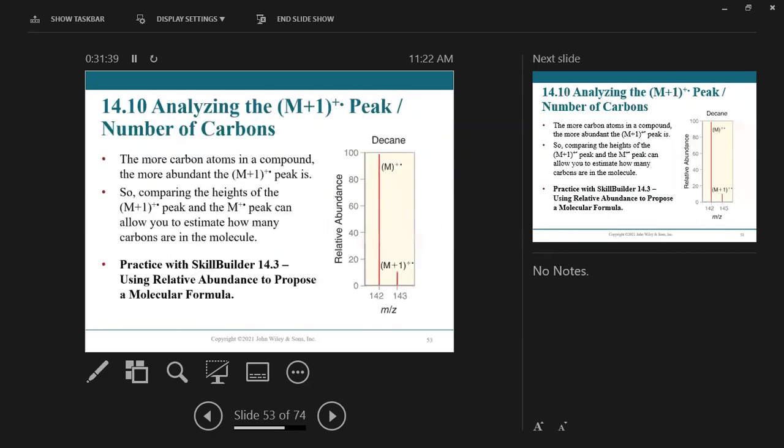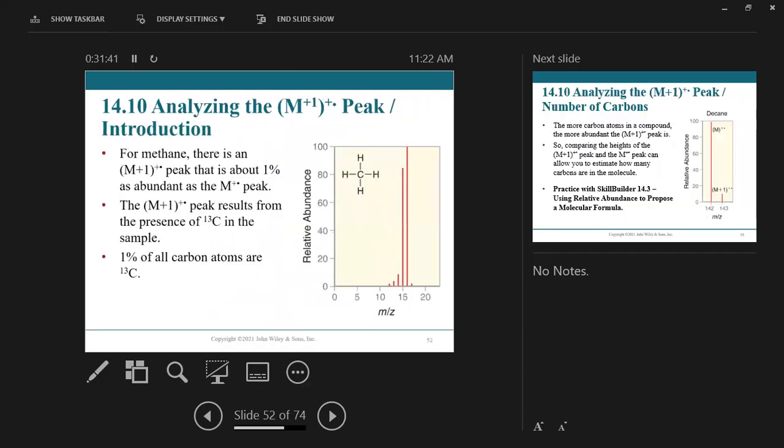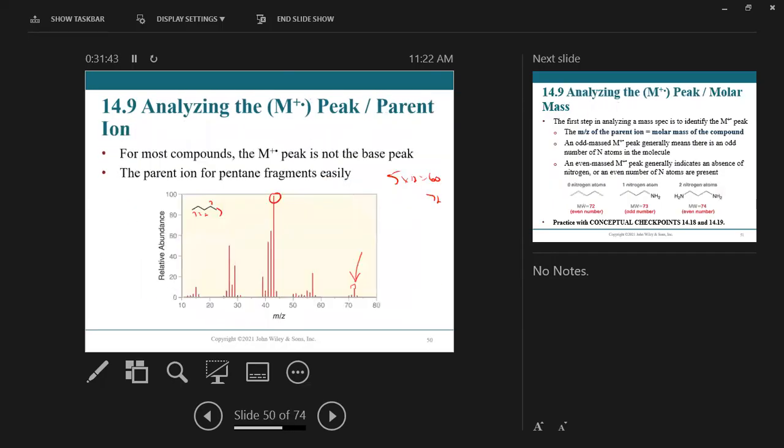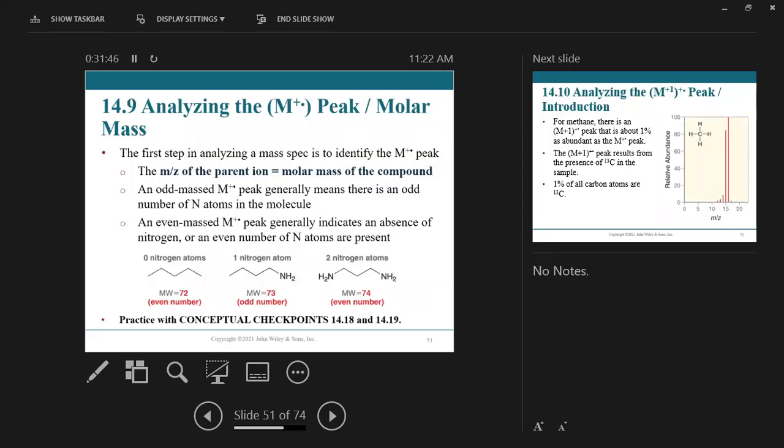I don't know why they keep on calling it the parent peak when they put it in bold, the molecular ion peak. So the mass to charge of the molecular ion is the molar mass of the compound. Parent ion and molecular ion are interchangeable. An odd mass peak generally means there is an odd number of nitrogen atoms in the molecule. An even mass peak generally indicates an absence of nitrogen or an even number of nitrogen atoms.